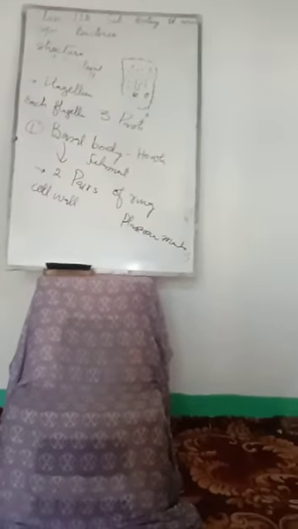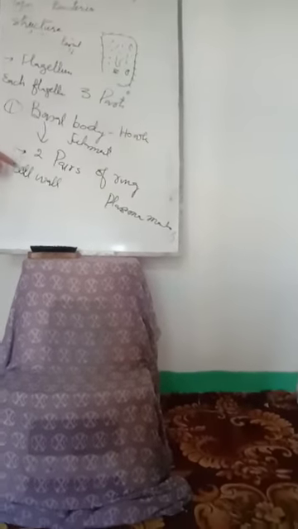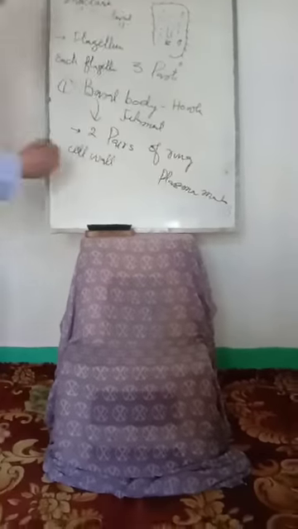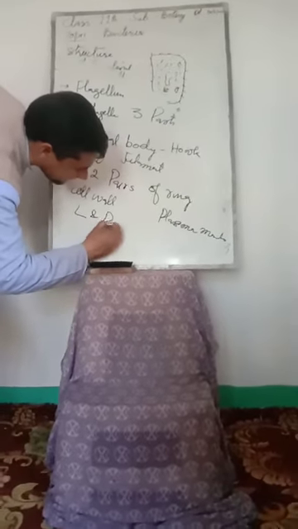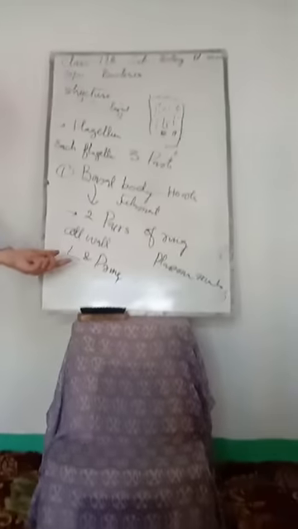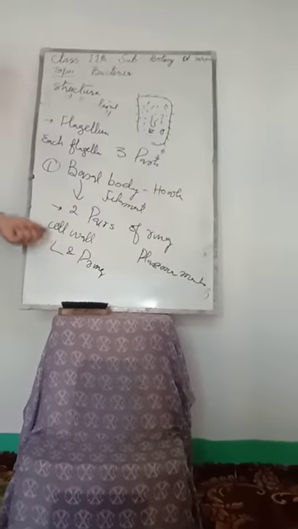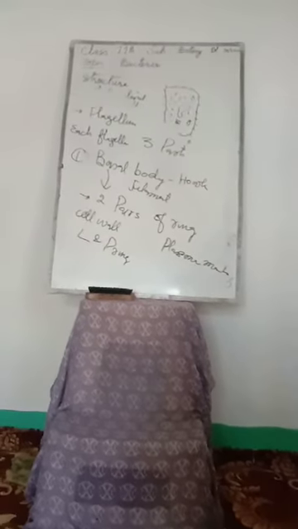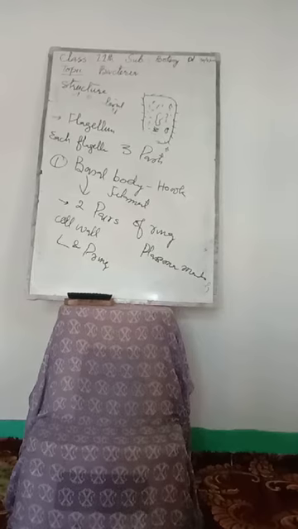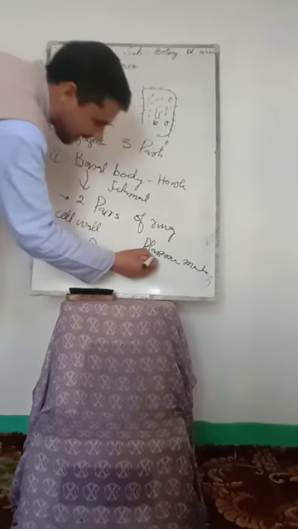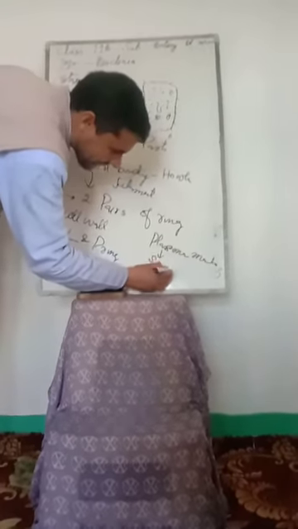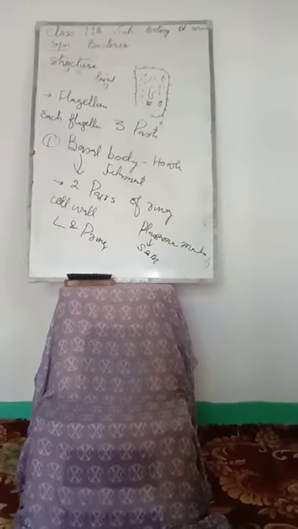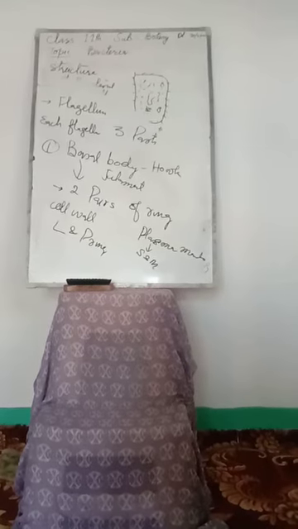The pair of rings found in the cell wall is called the L and P ring. The L and P rings of the basal body are found in the cell wall, while the S and M rings are found in the plasma membrane.